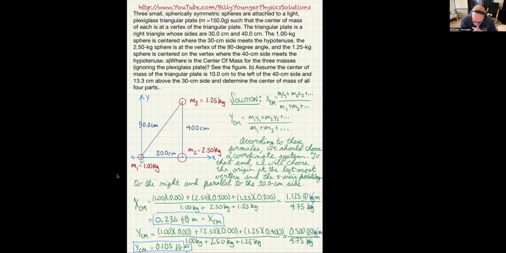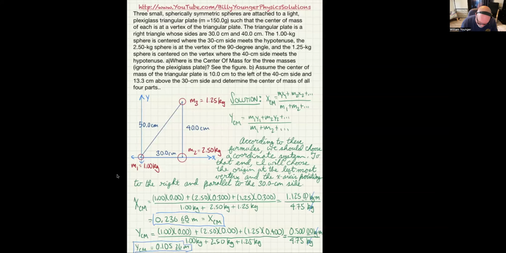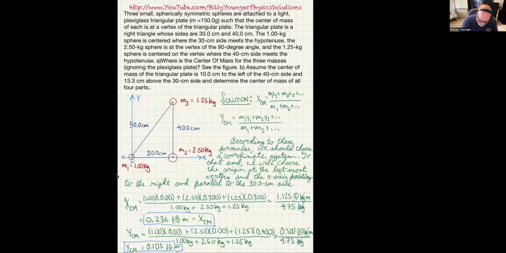Now, if we wish to calculate the other part, which is the same problem, only this time we're including the mass and the center of mass of the triangular plate, then we can do as follows. It would probably be helpful for me to have this drawing here as well, but anyways, I think I can still do it without it, just out of memory.